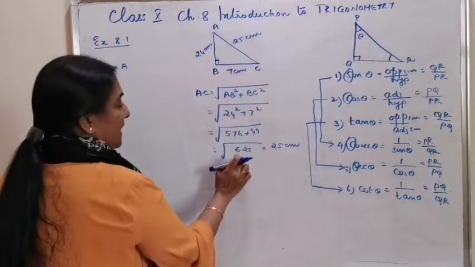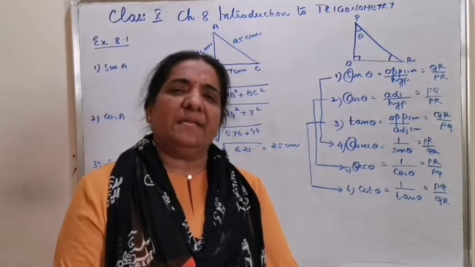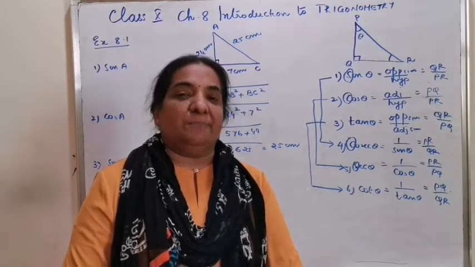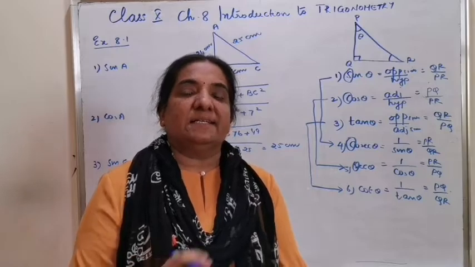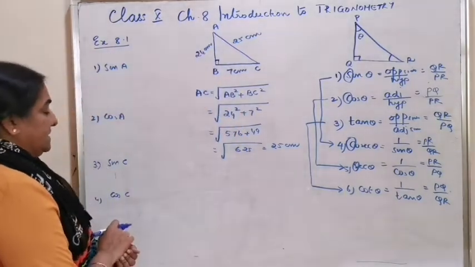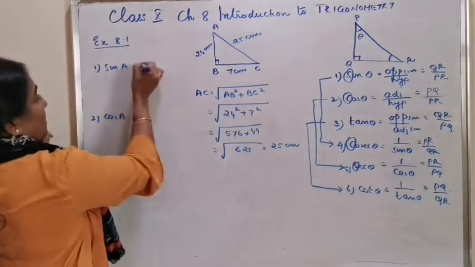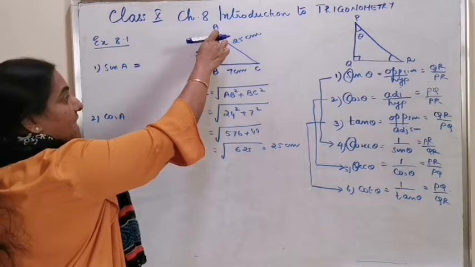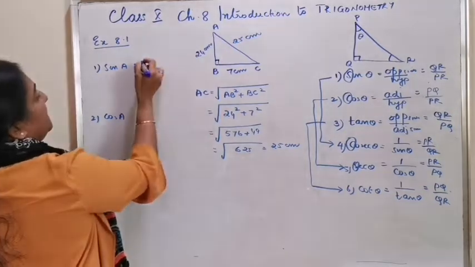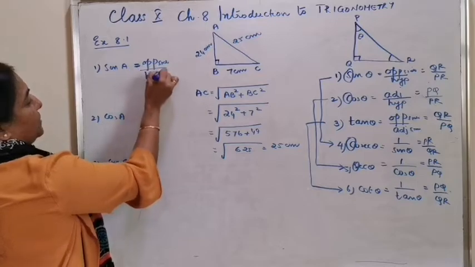And the value here may not be a perfect square always. It can be any rational number. You can make it as a mixed number or a mixed rational number. The next concept is for A. For angle A, sine A is equal to opposite side by hypotenuse.